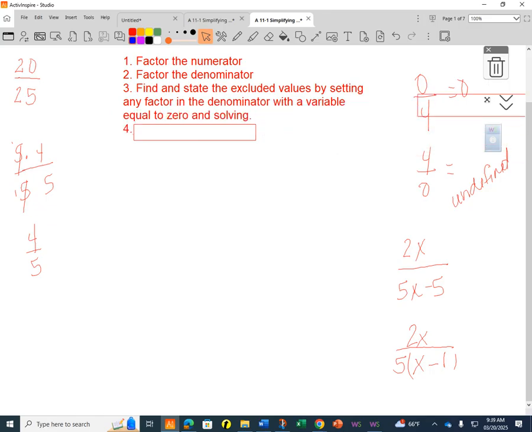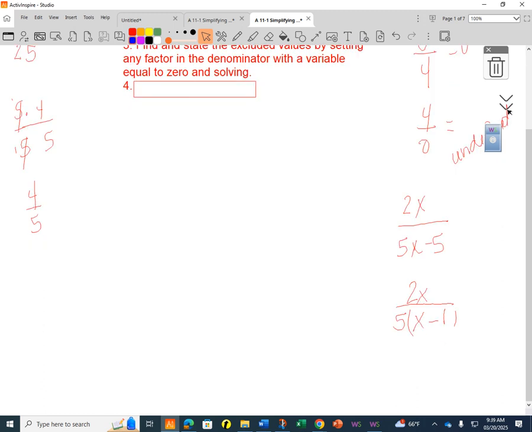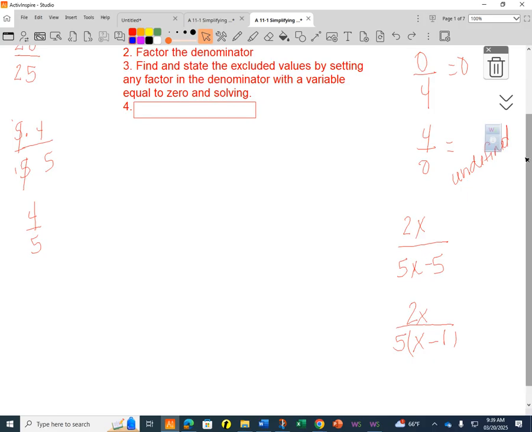And I'm going to show you what all that means. Remember, factors are numbers that are being multiplied by one another.